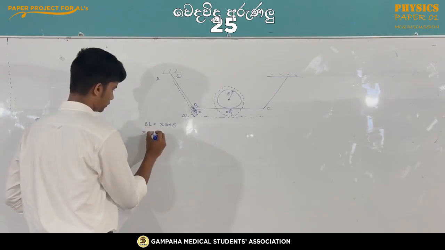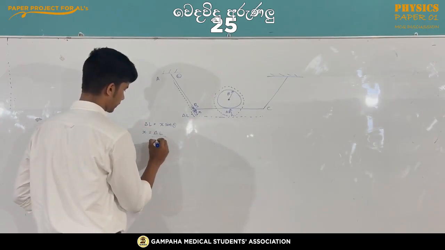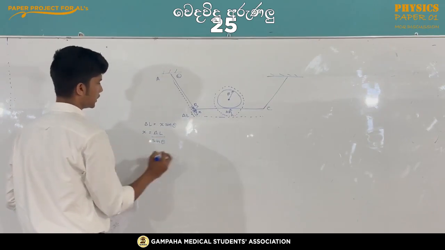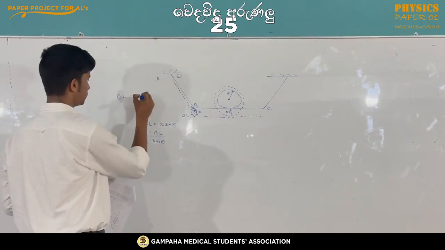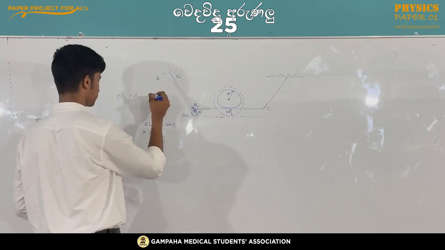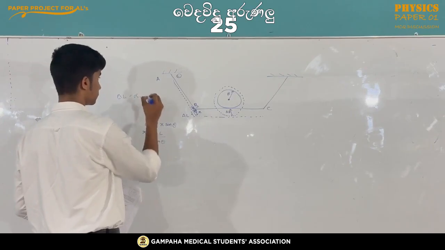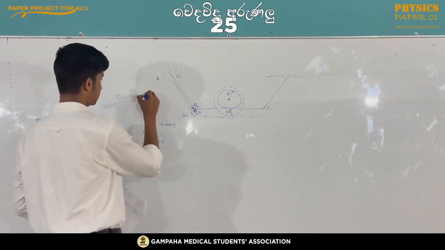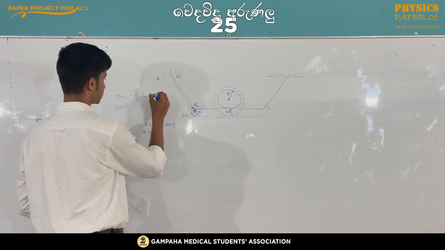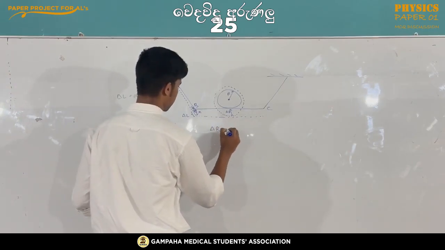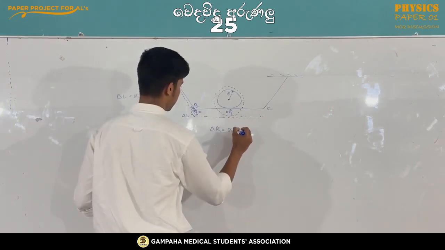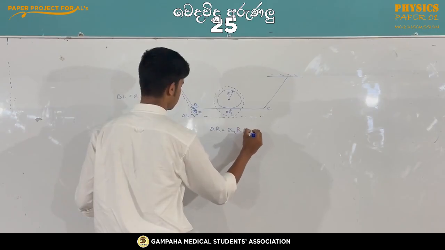Then x is equal to delta L over sine theta. Now we know that delta L is equal to alpha 1 L delta theta, and delta R is equal to alpha 2 R delta theta.